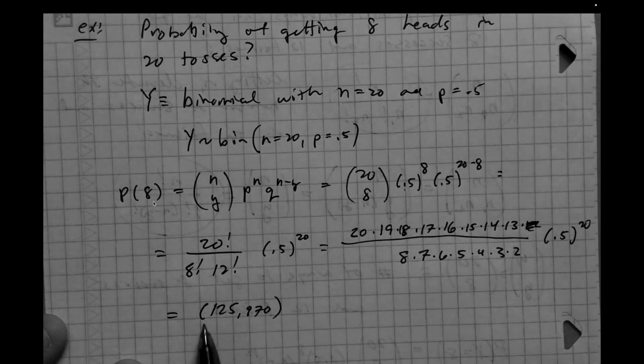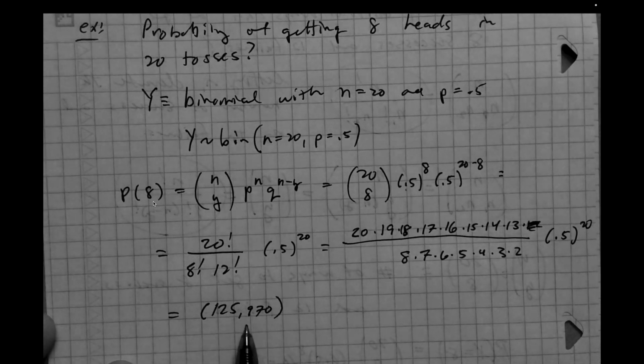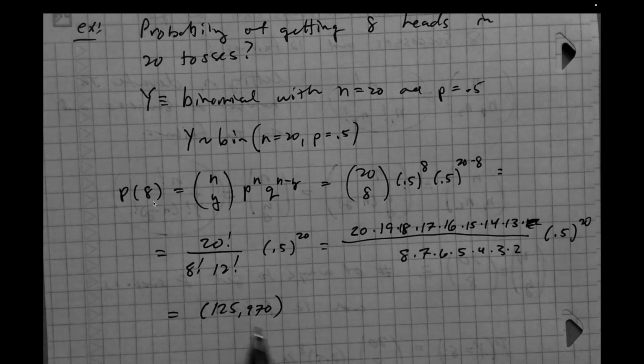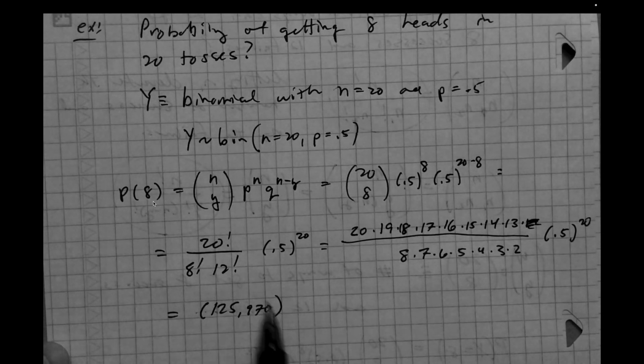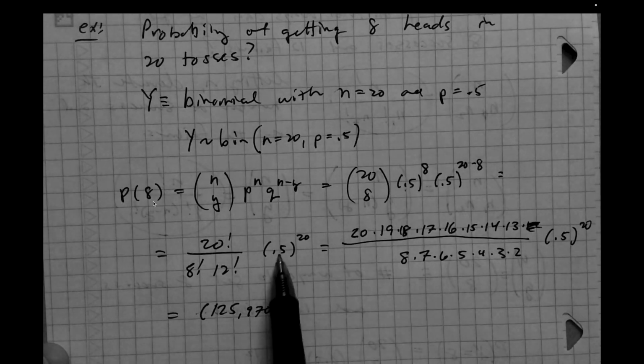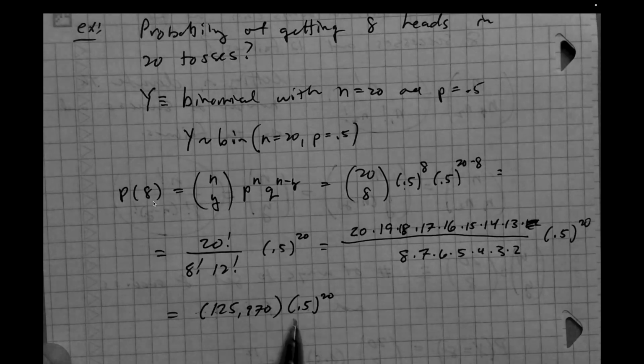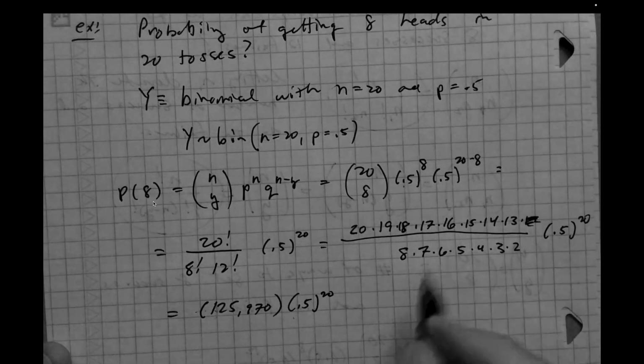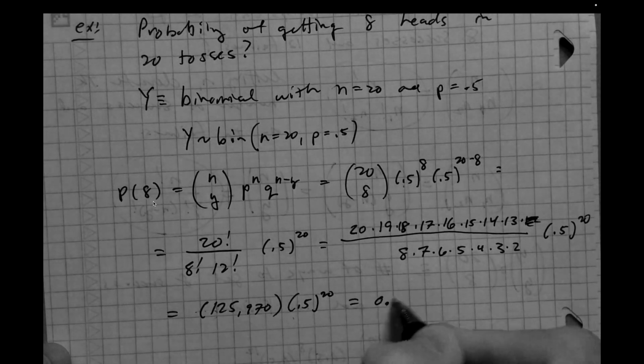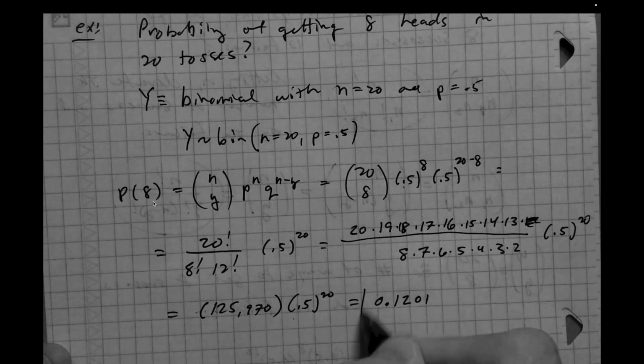What that means is there are 125,970 different ways to get 8 successes flipping a coin 20 times, right? All of those have identical probability, and that probability is 0.5 to the 20th power. So we just multiply them out, and what we get is 0.1201.